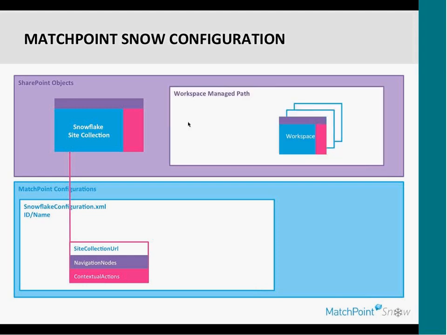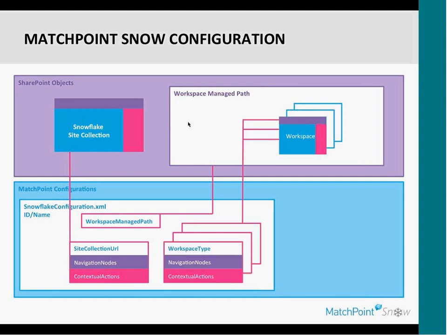And besides that, we have, beneath one managed path, the Snow workspaces. For these workspaces, also within the Snowflake configuration file, we specify a managed path and we specify different workspace types. Workspace types are what we've seen in my little demo before. For instance, a project can be a workspace type, a community can be a workspace type.